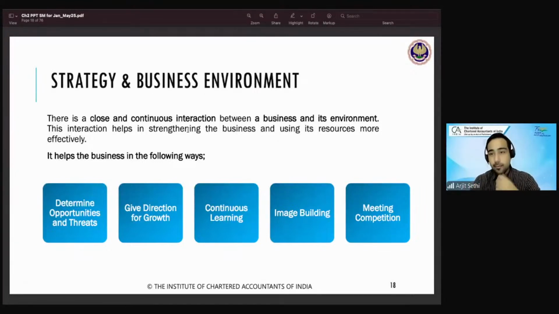Let's see how much you are revising, how much you remember. How does a continuous interaction between the environment and the business strategy help the business in building an image? How does that happen? I want each one of you who's active in the chat to do that. This is your classroom. Be interactive.